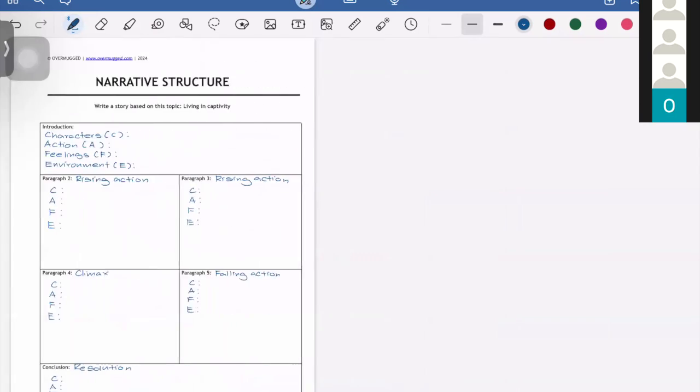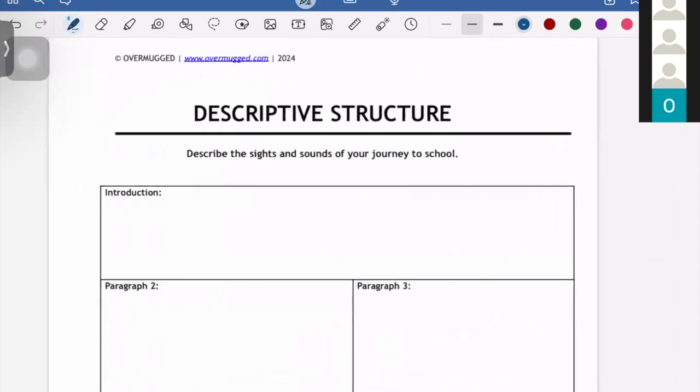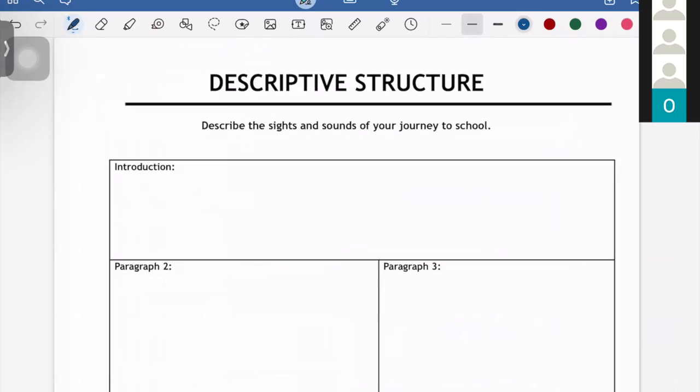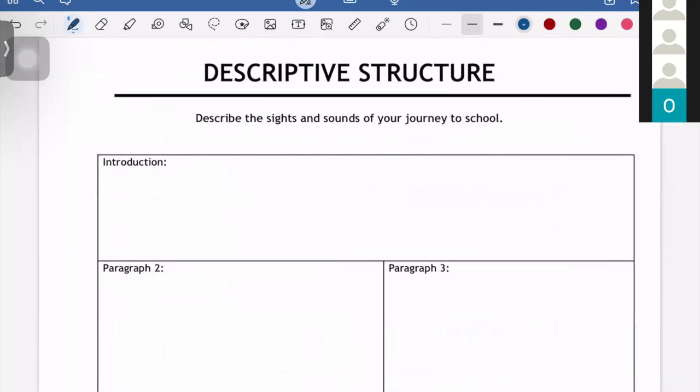I'm going to move on to descriptive structure. Describing the sights and sounds of your journey to school. So depending on the public transport that you choose, bus or train, here is an example of how the structure can be. Introduction. Start off your journey. How does it start?